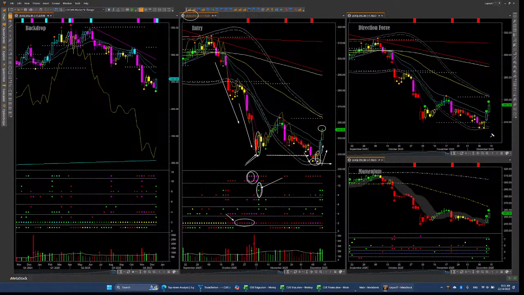If you look at the other two charts, direction force, huge direction force came on Thursday and again on Friday. If you look at the momentum chart, large momentum count came on Thursday, again on Friday. And of course, when the first big move bullish indicator came, we had direction force, large count at that time also.